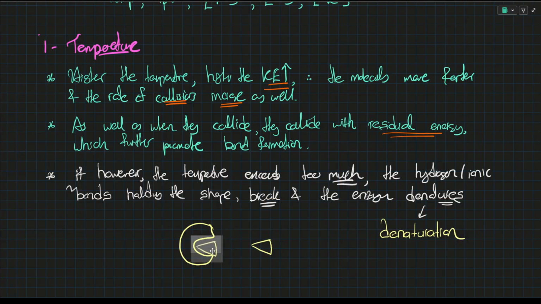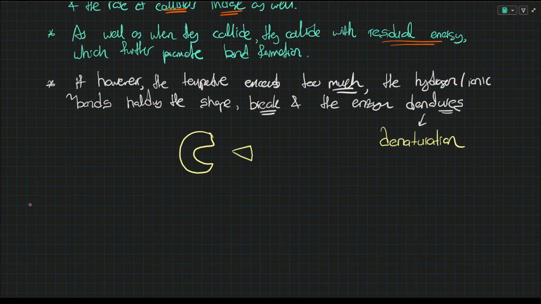It's not an induced fit. The substrate molecule and the enzyme are not complementary to each other. They can't bind. That's the problem. That's the idea of denaturation. Protein denaturation, or more specifically in this case, enzyme denaturation. That is how temperature is going to affect all of those reactions. Now, let's talk about pH.